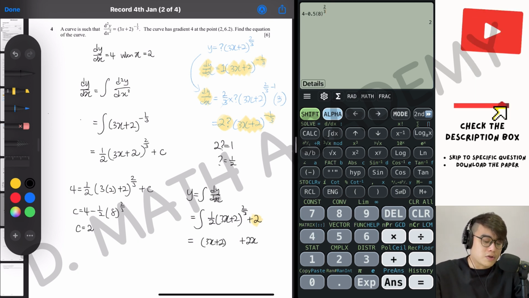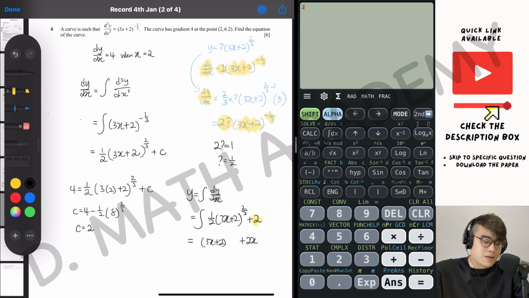Your task was to add 2 over 3 with 1. Okay, then you get 5 over 3. So the other thing, let's put the unknowns in. Okay, so our dy/dx was given as 1 over 2, (3x + 2)^(2/3). Our y is this here.